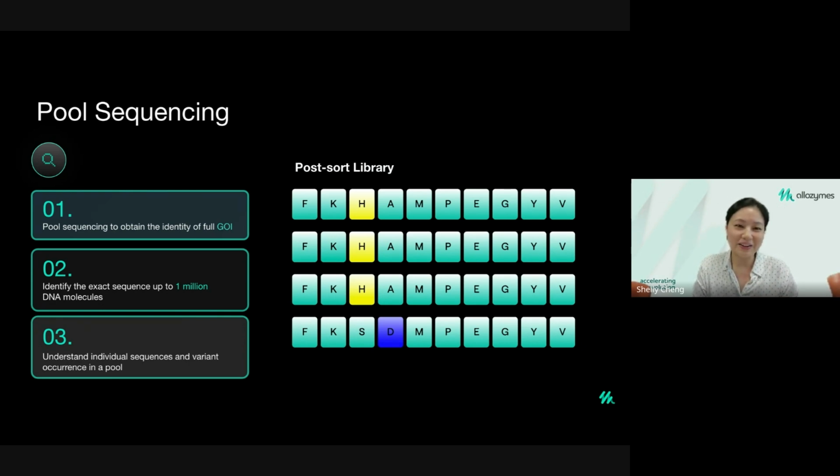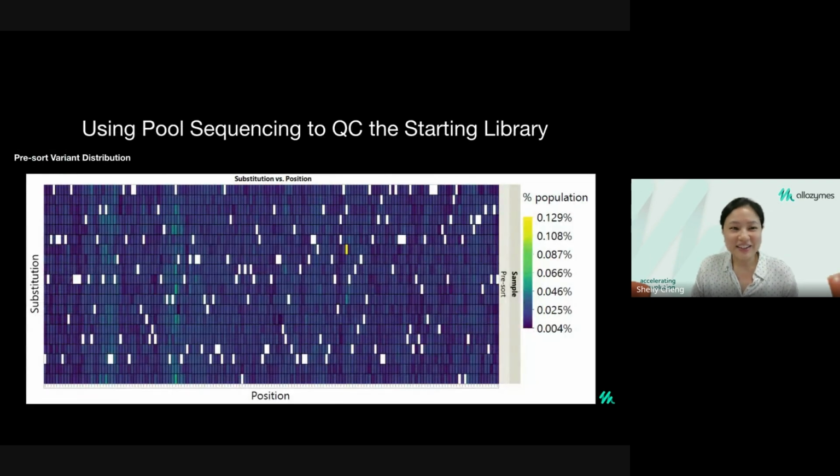So how does it work out in real life? Here is an example of real data for an enzyme with 300 positions. The columns are positions, so 300 of them, and the y-axis is substitutions. Remember, we have 20 amino acids. If we don't count the wild type, there are 19 possible substitutions.